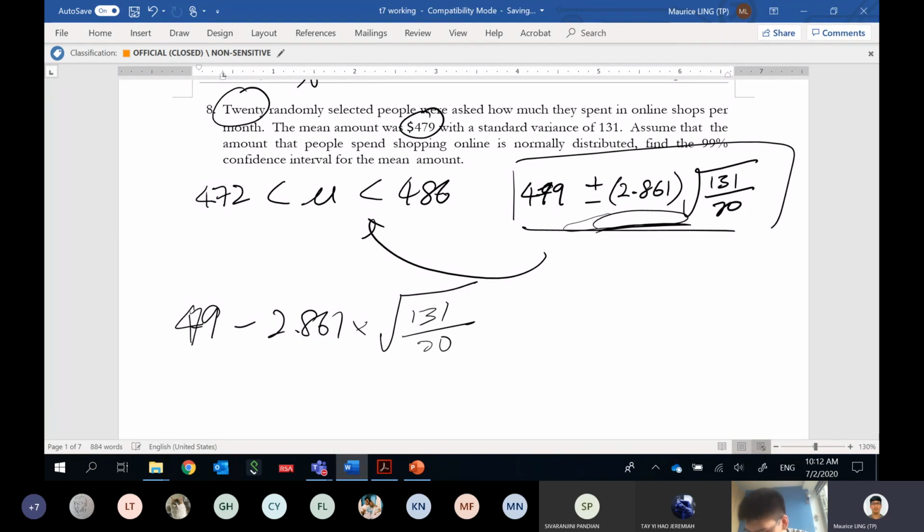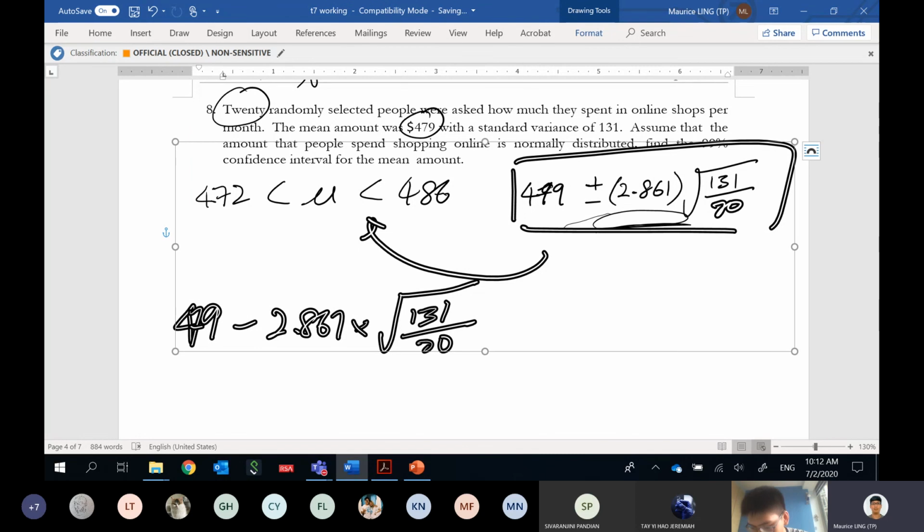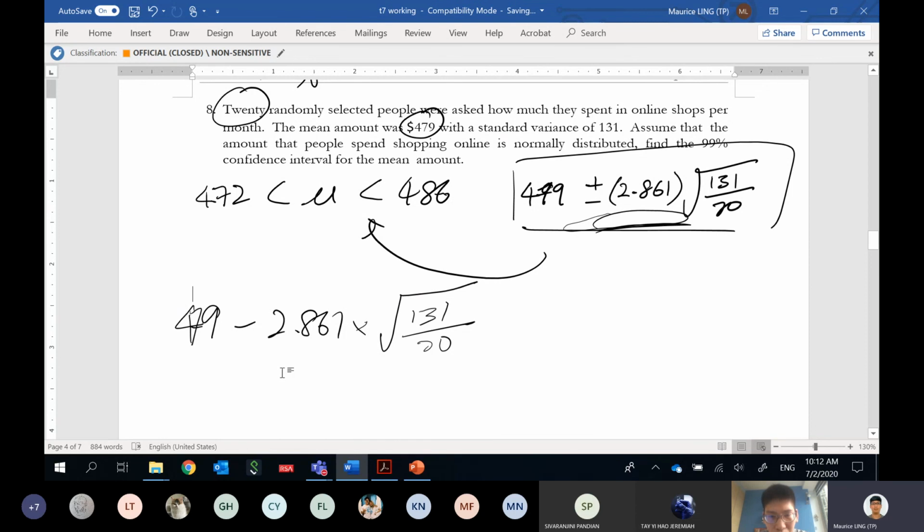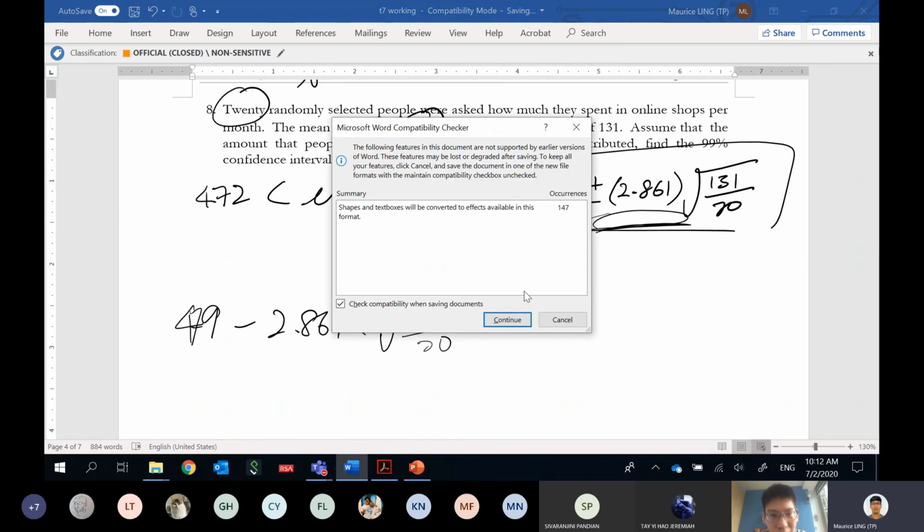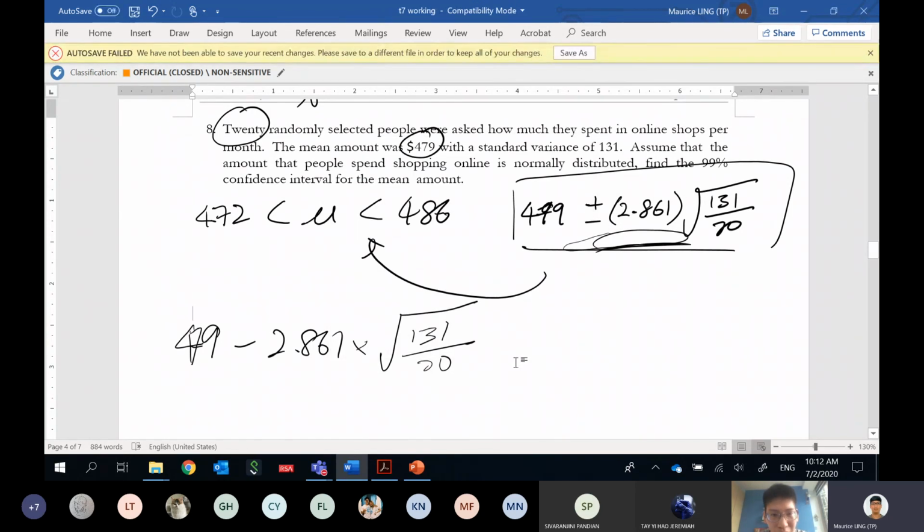Okay. No, sorry. 131 divided by the square root of 20, sir. Not square root of 131 divided by 20. So you actually take minus 2.861 times 131 divided by square root of 20.